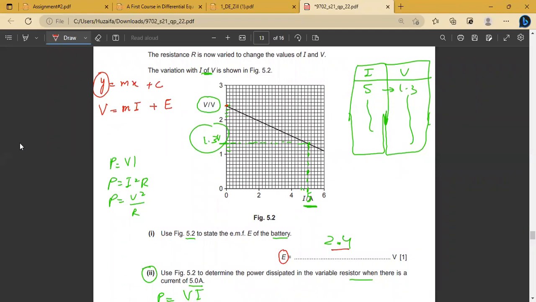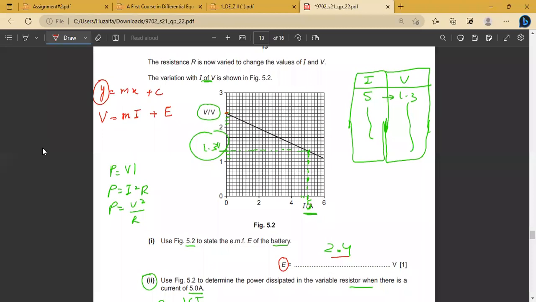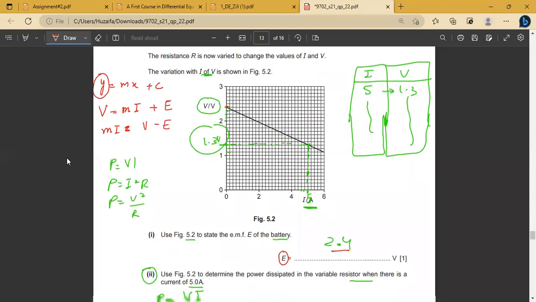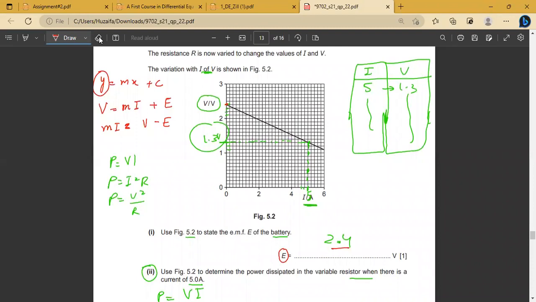Okay, now I have to determine what my m is representing. Wait a second here.